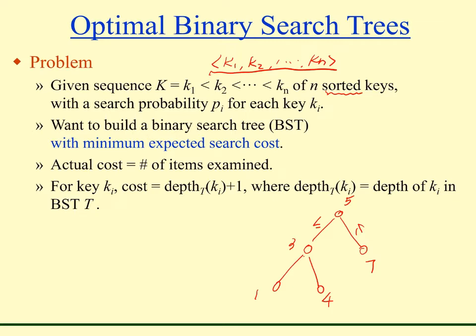If it's uniform, there's no problem. For example, if each one has the same chance, that will be very simple. But usually we have a non-uniform distribution. That means some records have a higher chance to be searched, to be of interest, while for others, some people have less interest in some books.